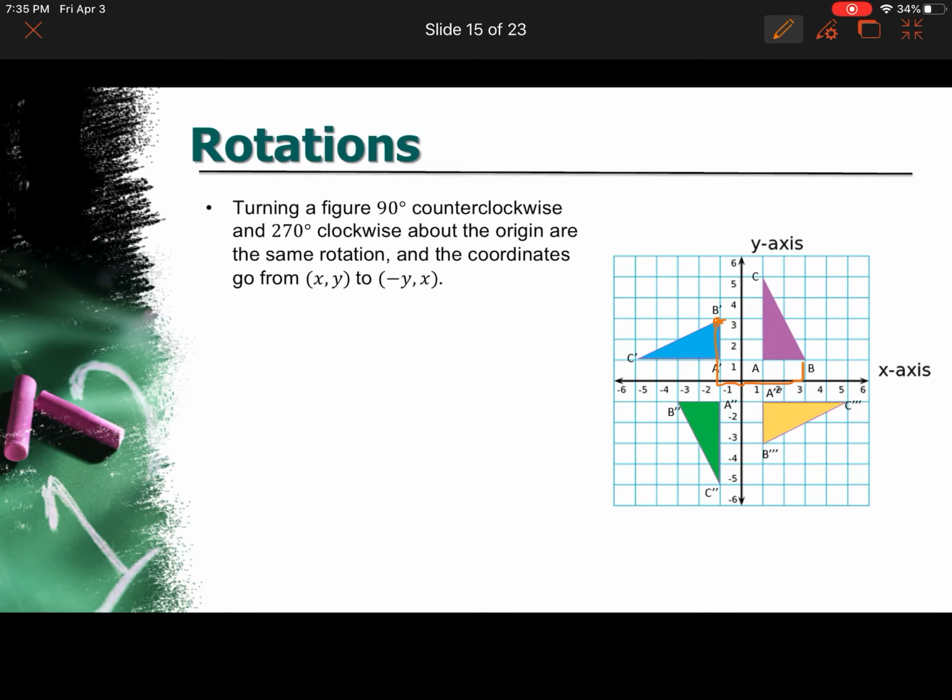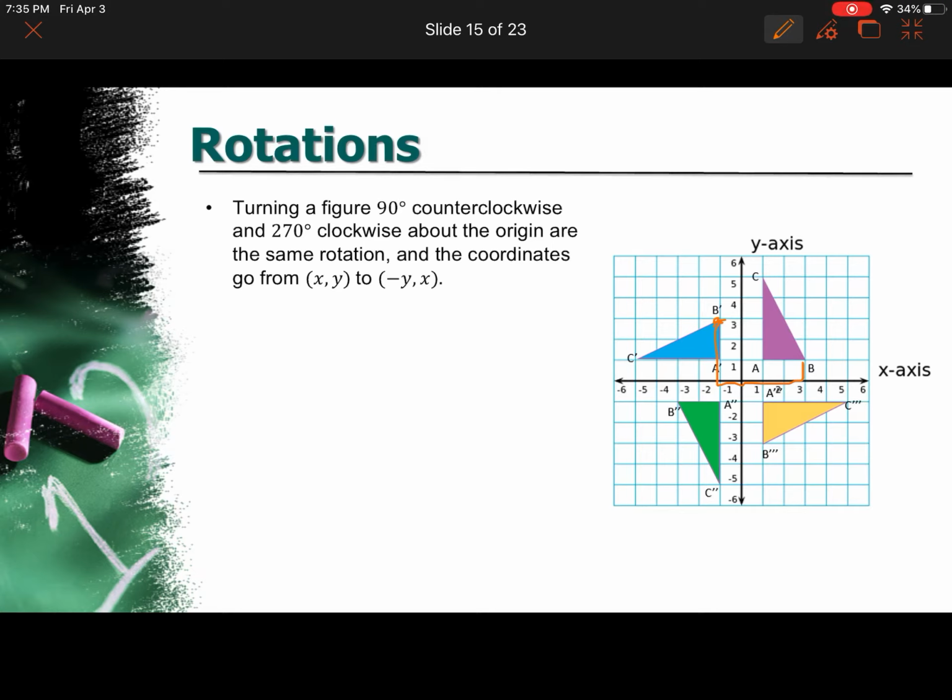And you might be thinking about slope when you were in algebra and we did perpendicular slopes, and you had the change in y over the change in x, and for a perpendicular one, you would flip the x and y and make it negative. And that's kind of what we're doing here. That 90-degree rotation does give you everything perpendicular, right?